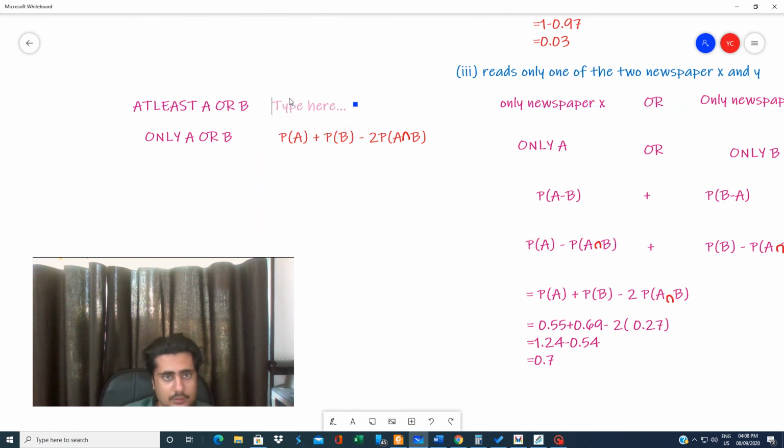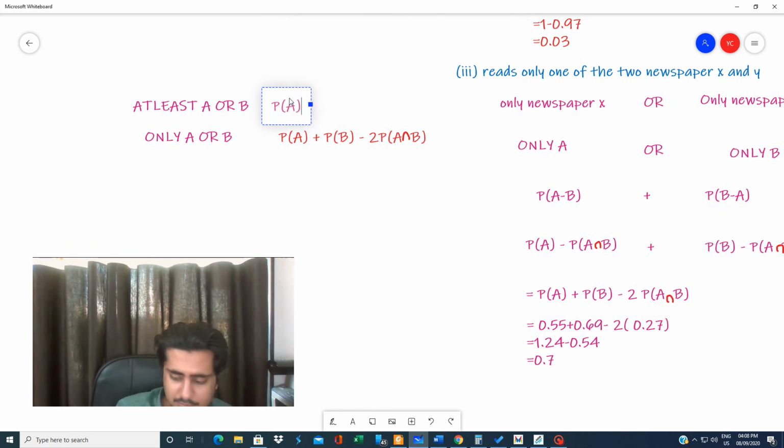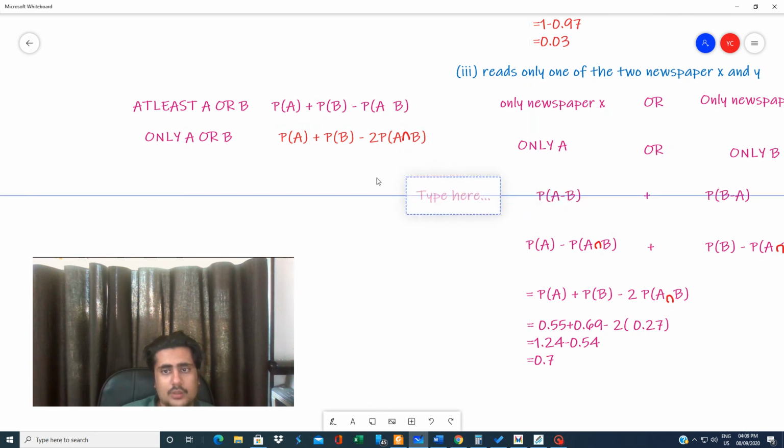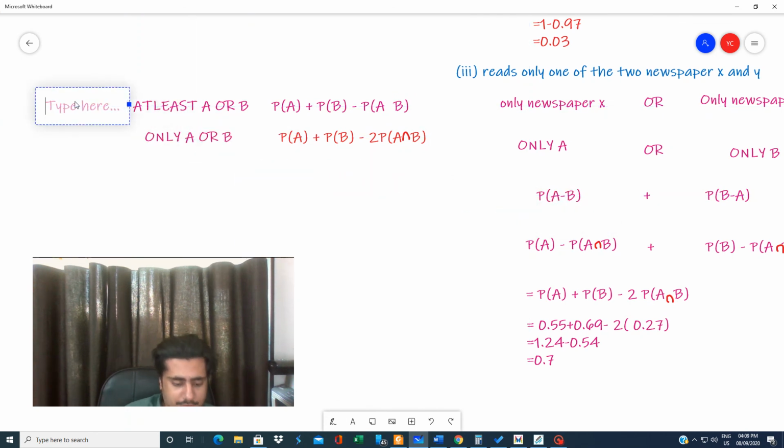This at least A or B is P of A plus P of B minus P of A intersection B. This at least A or B is known as the union of A and B.